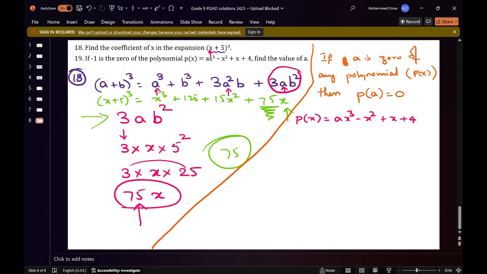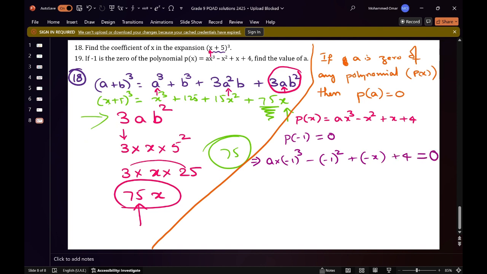Understood? Since minus 1 is 0 of the polynomial, what happens, my dear students? Is p of minus 1 equal to 0? Yes. Therefore substitute minus 1 in place of x. So a into (minus 1) whole cube minus (minus 1) whole square plus (minus 1) plus 4 is equal to 0.